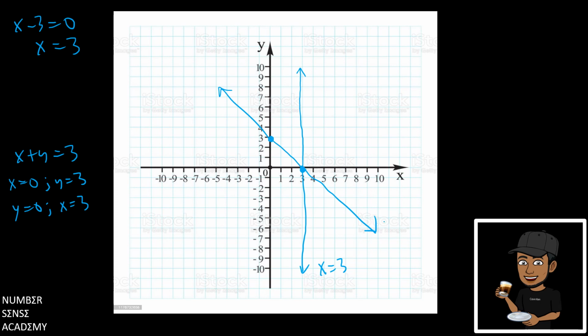Okay, so this is x plus y equals 3. And right there, we found the intersection. So this is a unique solution. And that solution takes place where x and y are 3 and 0. Okay? And that is all.